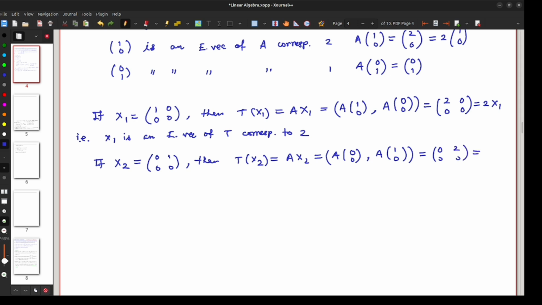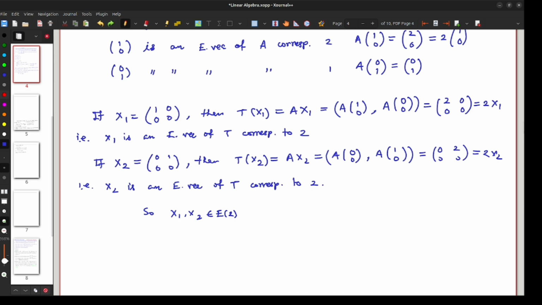We can write this as 2 x2. This means x2 is an eigenvector of T corresponding to the eigenvalue 2. So the matrices x1 and x2 belong to the eigenspace of T corresponding to the eigenvalue 2.